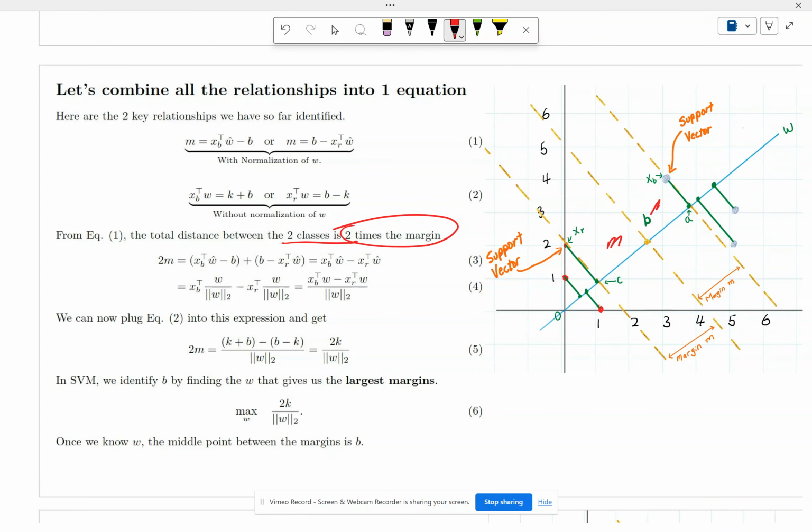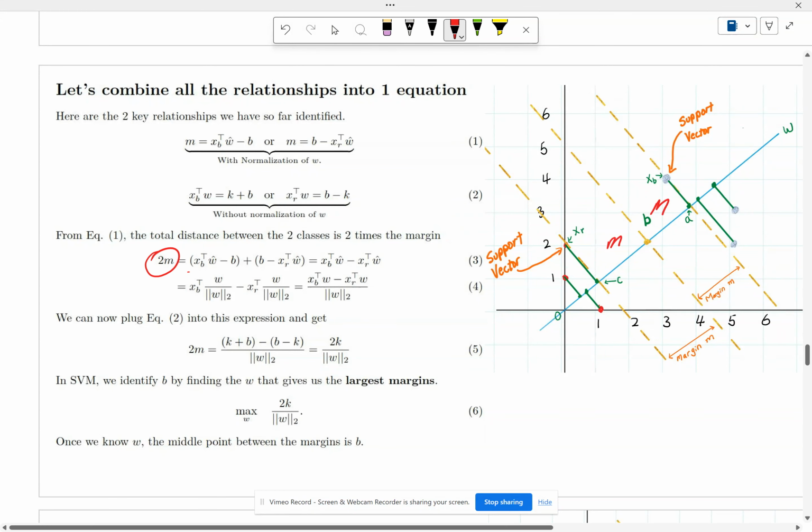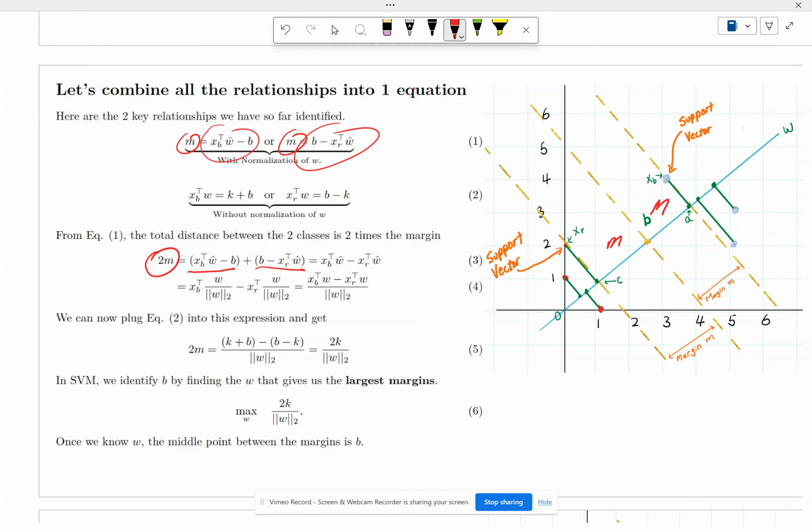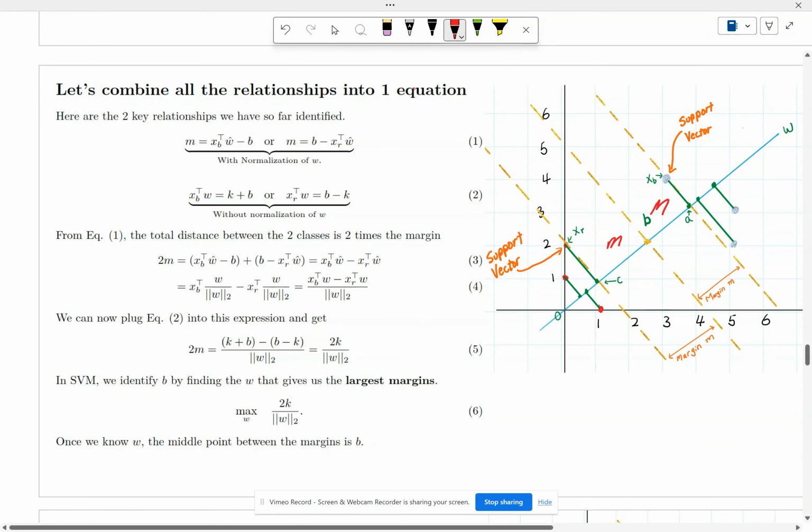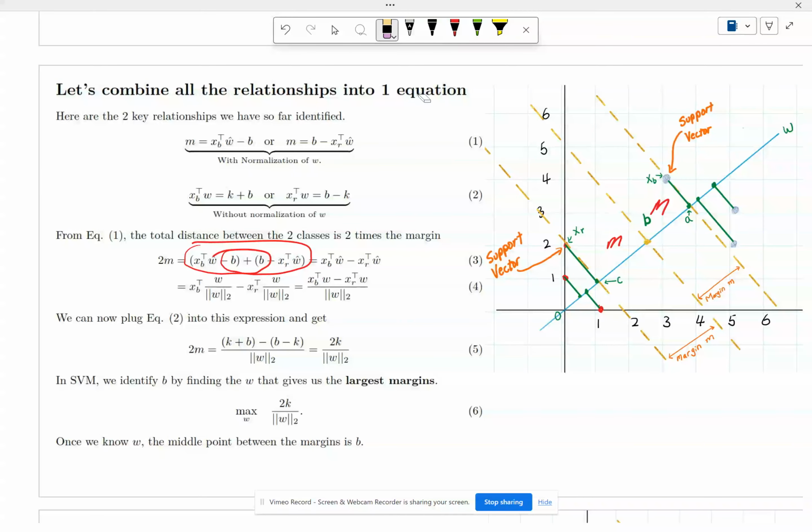So margin 1, margin 2. So 2 times the margin is equal to this part plus this part. The equation came from here. So if that's 2 times the margin, we can combine them together and notice that b gets canceled out. There's no more b, and the result is just this minus this.